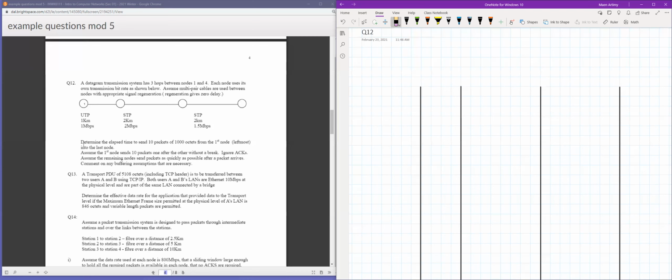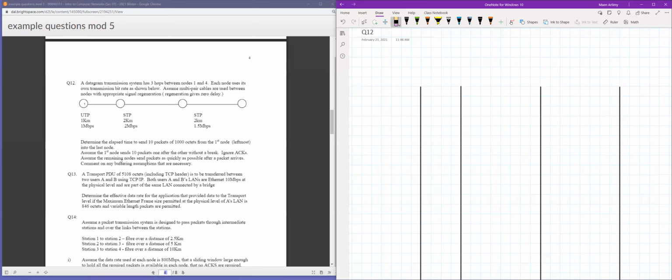Now, the question asks for the total elapsed time to send 10 packets from node 1 to the last node, from node 1 here to node 4. Assuming that the first node sends 10 packets one after another without a break, so we don't have to wait for acknowledgement, ignore acknowledgement.